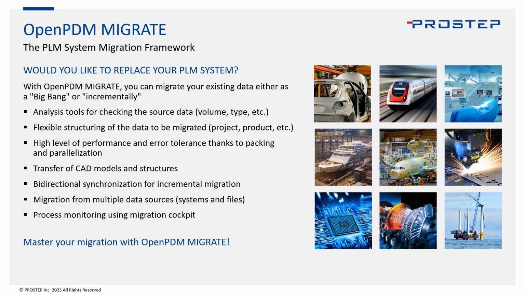That could be either with an initial load and just a little delta update, so you have very limited downtime. Or possibly a coexistence style migration where you're batching just groups of data, maybe a program worth of data or a division's worth of data, and then moving just small groups of data with small groups of users from the old system to the new system. We can support both of those types of migrations.